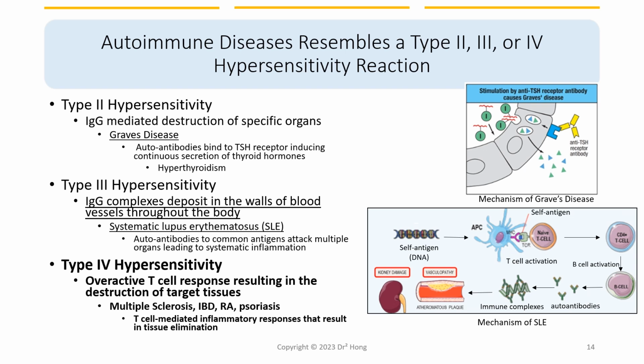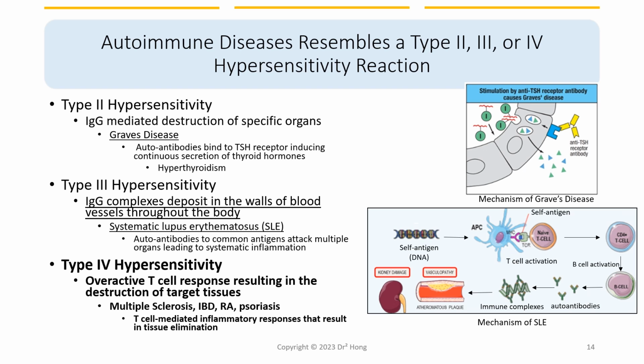And in lupus, autoantibodies to common antigens attack multiple organs, form complexes that deposit in the walls of blood vessels throughout the body, and lead to systemic inflammation.